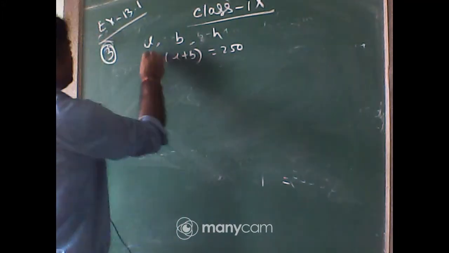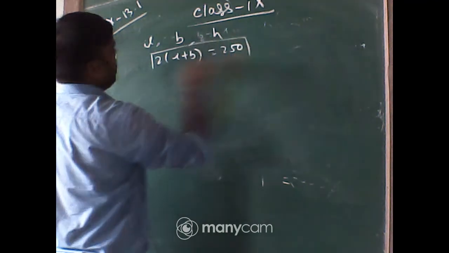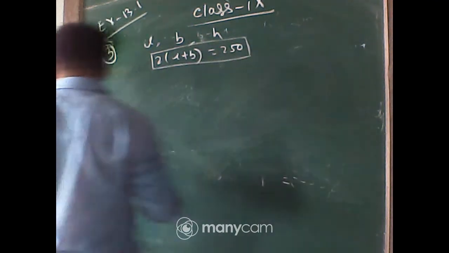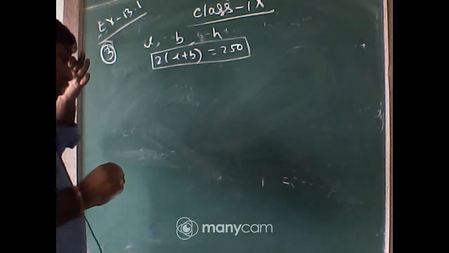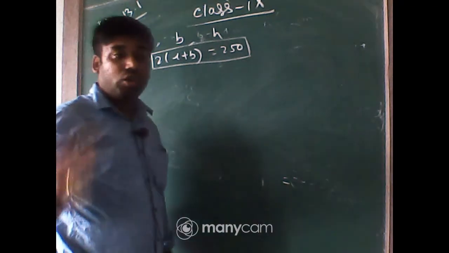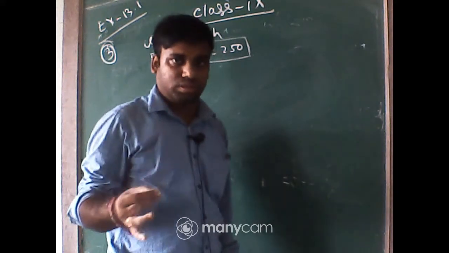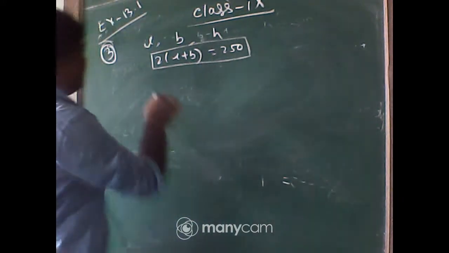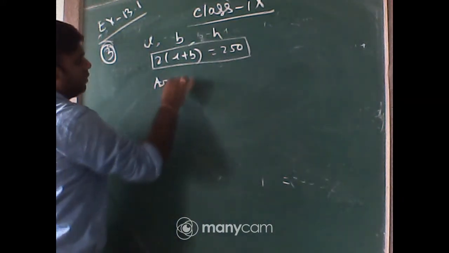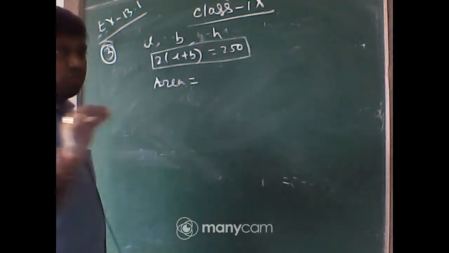Okay, I am putting it in a box. Now the total cost is given, that is 15,000, and the rate of painting is also given. So we can easily get the area of the 4 walls.